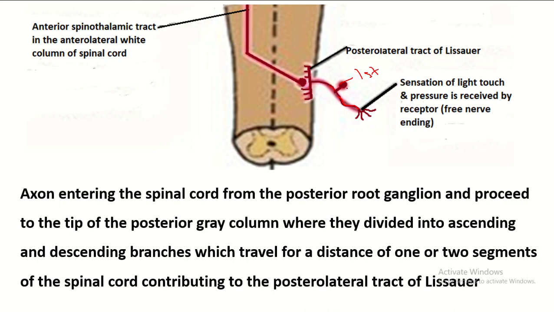These are pseudounipolar neurons, and when the central process of the pseudounipolar neuron enters the spinal cord, it divides into an ascending branch and a descending branch and forms a small tract, the posterolateral tract of Lissauer.